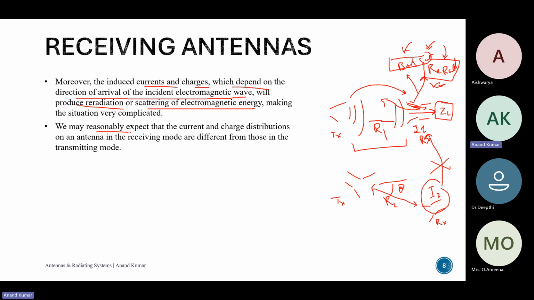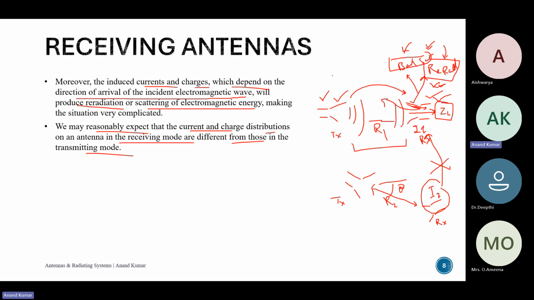So we may reasonably expect that the current and charge distributions in the receiving mode are different from those in the transmitting mode. If both these antennas were identical, let's say both of them are some kind of horn antenna or a patch antenna, when operated in the transmitting mode and when operated in the receiving mode, they won't have the exact same current distribution.